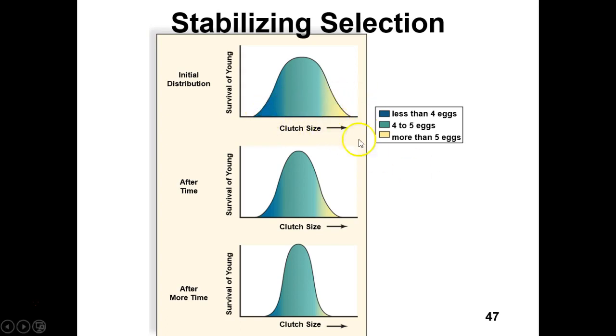But if you have more than 5 eggs, again, some of the eggs might not make it, but you have so many that it doesn't matter. But you're not able to give all of those birds food. You can't feed all the birds that are there, and so you're more likely to have unfit offspring.